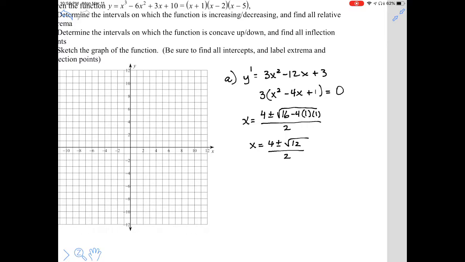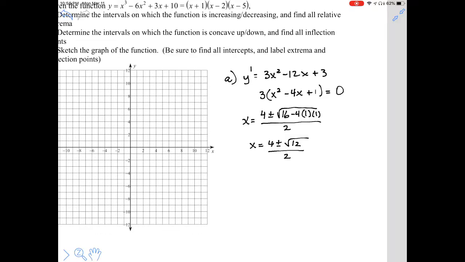Once you get to this point, you would find out what the square root of 12 is. I'll get my calculator out here. So the square root of 12 is about 3.46. So then I would add that to 4 and then divide it by 2.